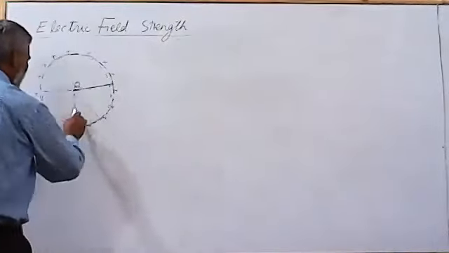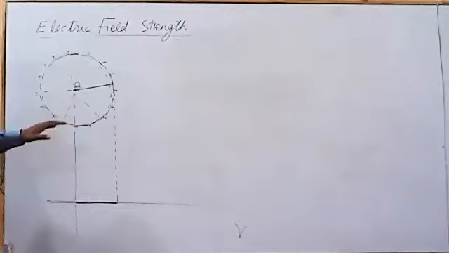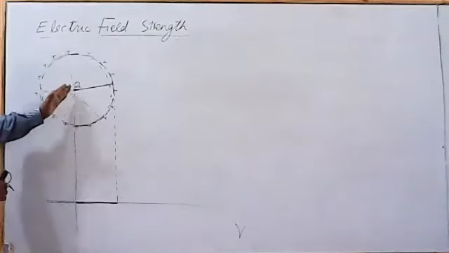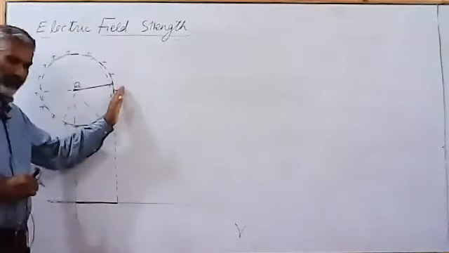Suppose this is the axis that we use to describe the variation of electric field strength with the distance r from its center. The important thing to remember is that this distance is exactly the radius of this sphere. What is the shape of the electric field strength when we move from its center to its surface?